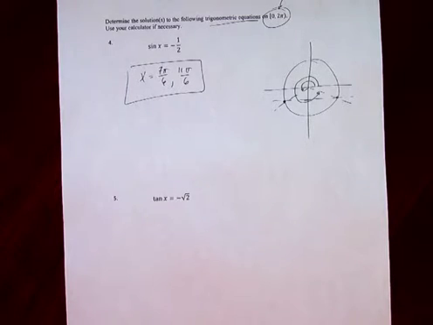No, okay? Unless we are dealing with something where you are specifically asked for degrees, or it's a word problem and we're talking about angle of depression or angle of elevation, or we're talking about a boat on the water and it's bearing north 35 degrees east or something like that.